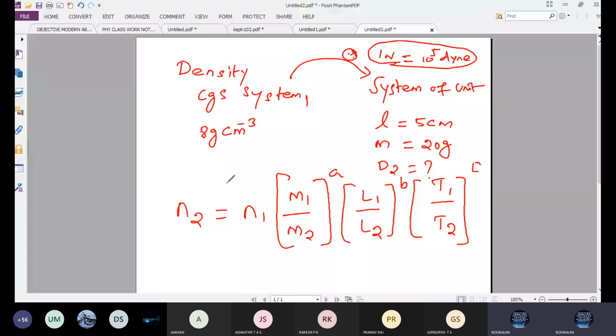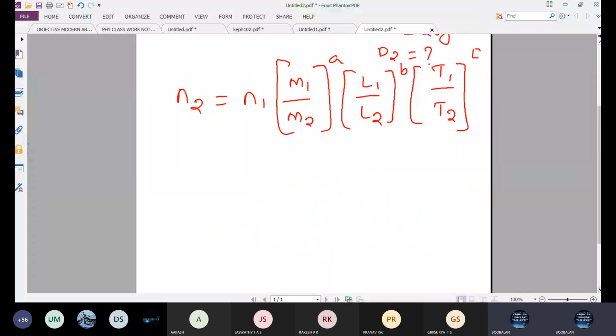Now from the question, CGS system: centimeter, gram, second. M1, mass, the M1 value is 1 gram.